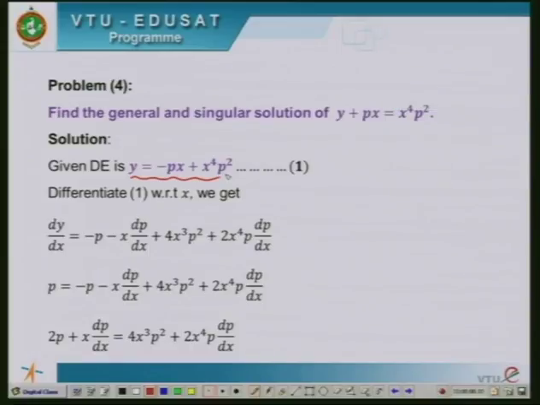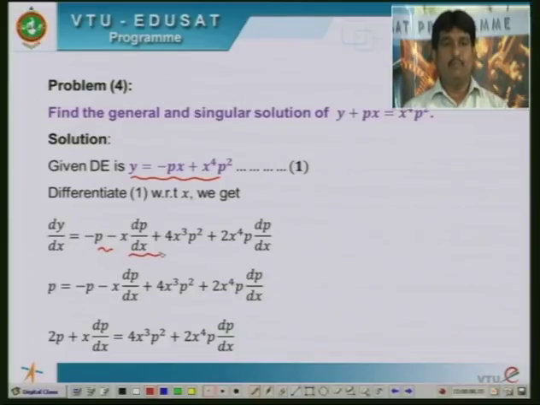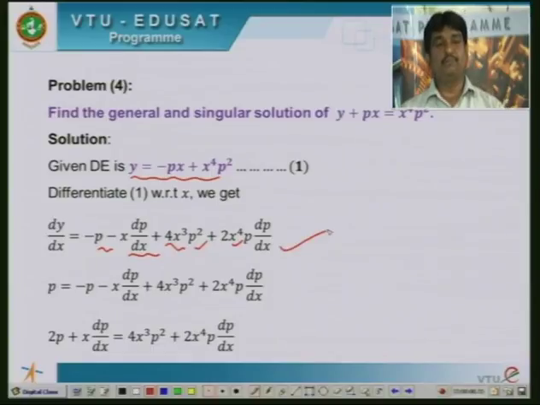I will differentiate this equation with respect to x to get dy by dx equals, by the product rule, minus p into the derivative of x, which is 1, minus x into the derivative of p with respect to x, which is dp by dx, plus the derivative of the next term, x to the power of 4 into p square: 4x cube, the derivative of the first function treating the second function as constant, plus x to the power of 4 as it is, the derivative of p square, which is 2p into dp by dx.